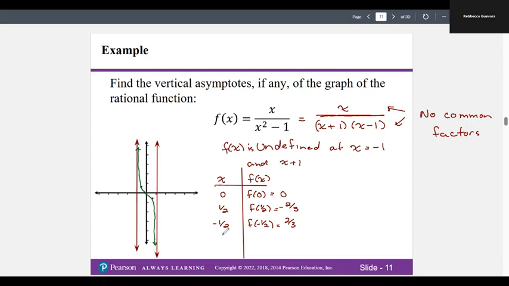We got 1 here, so let's put in 2. So if I put in 2, I'm going to end up with 2/3. And if I put in negative 2, I'm going to end up with negative 2/3.